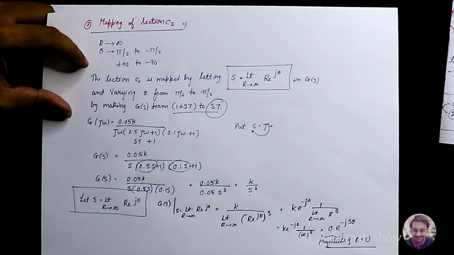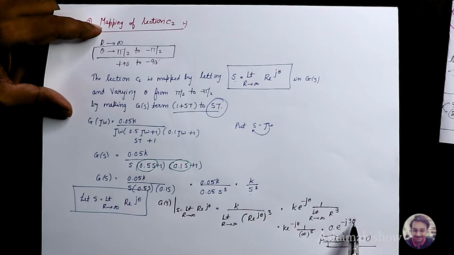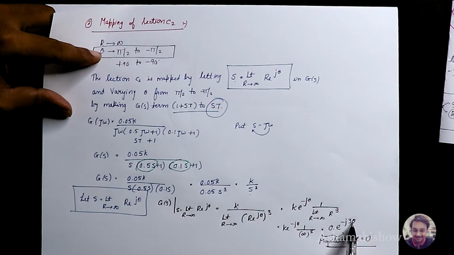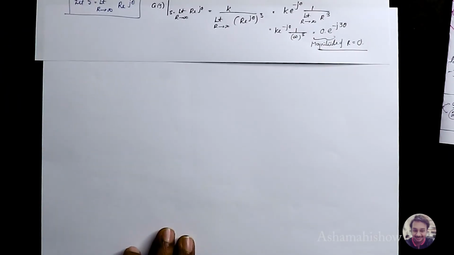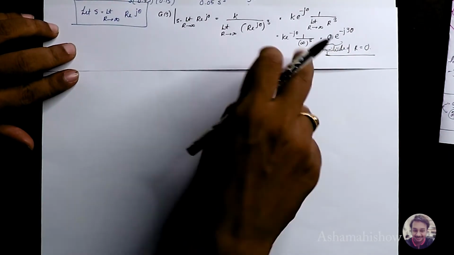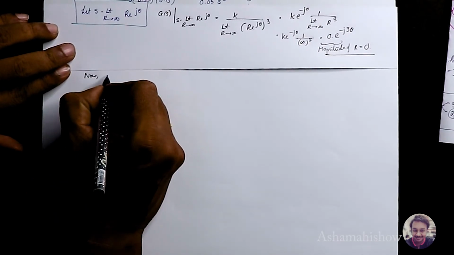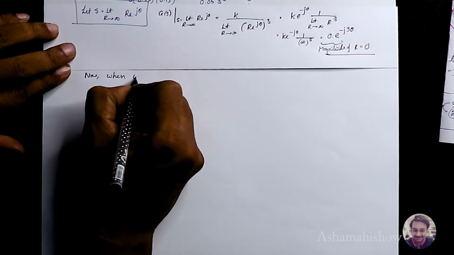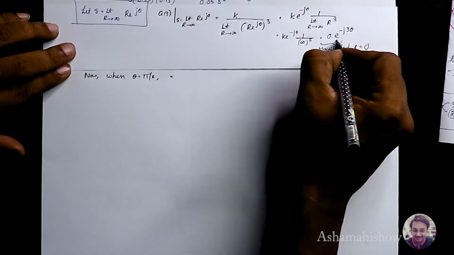Now we have to do this one still. It's not over. We have to place theta as pi by 2 and minus pi by 2, and we should know what the limits or angles are where the encirclement will happen. So by keeping it here, I am doing it. When theta is equal to pi by 2, you substitute here.